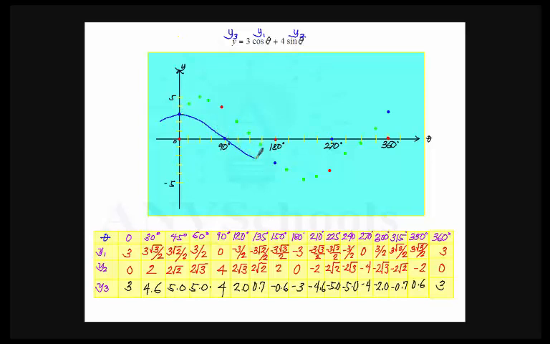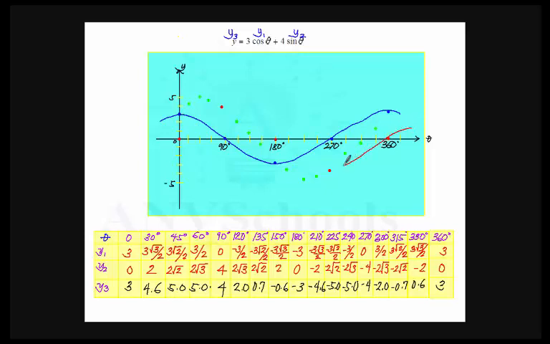So this is a graph of the cosine function on 1 revolution. Now the sine function, y2 or 4 sine theta, is in red.